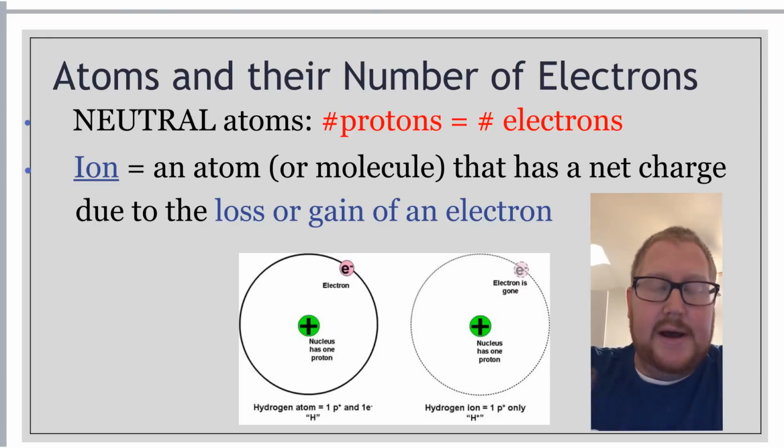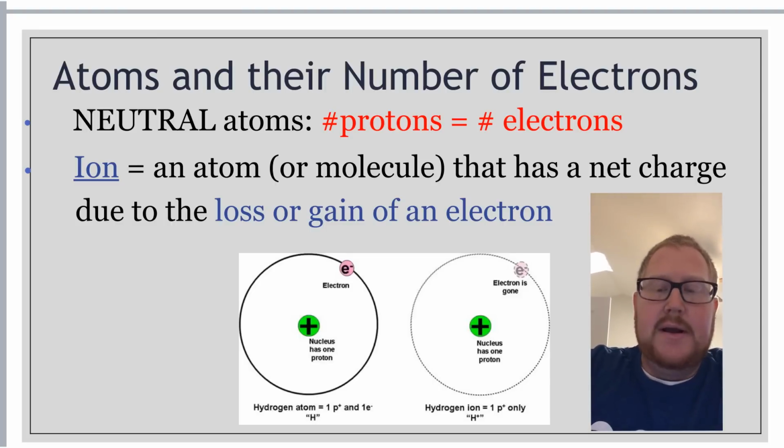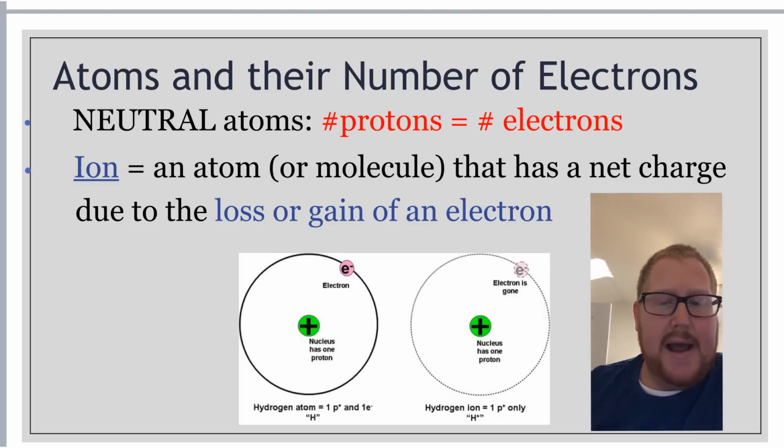So far we talked about isotopes, which are versions of the atom that have a different mass due to the different number of neutrons. Well, there are also things called ions, and ions are the same element, but they have a different number of electrons. And if you remember, electrons do not affect the mass because they have such a negligible mass, but instead they affect the charge.